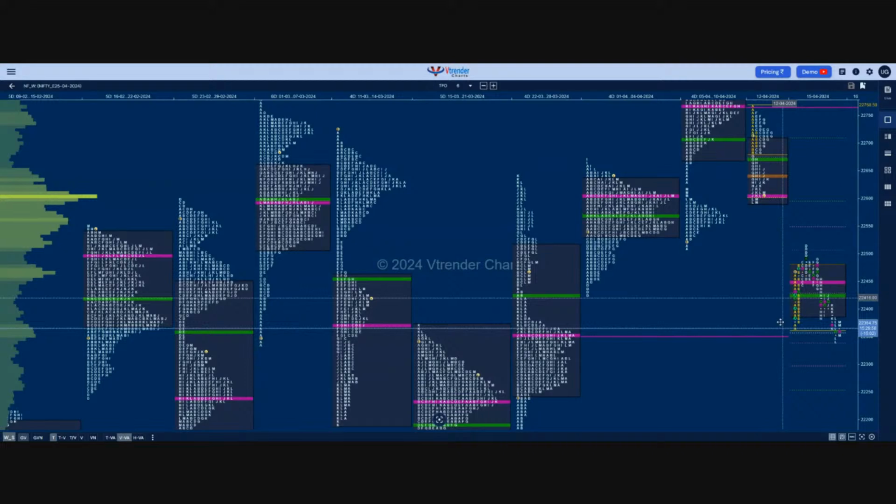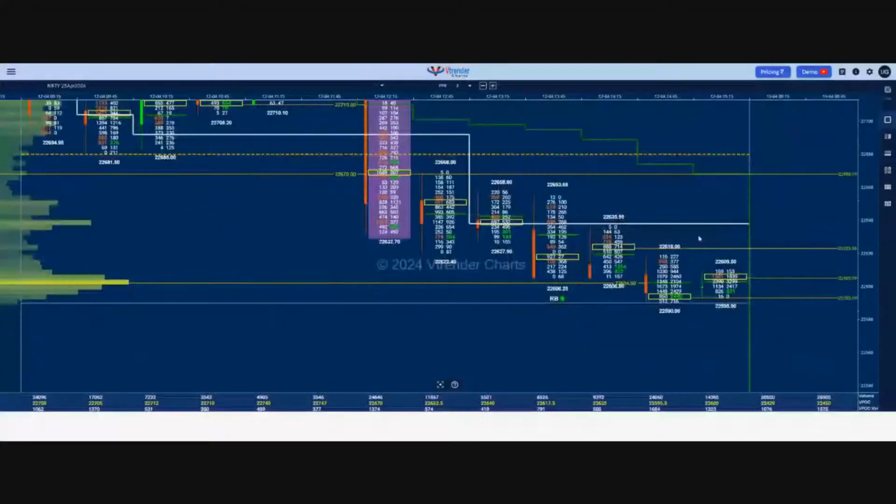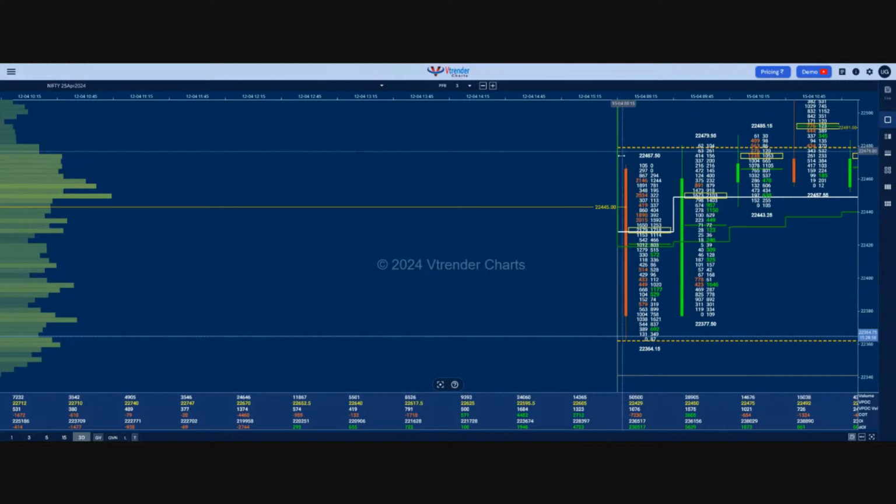So if you see the order flow chart of today, we can see how there was red 2000, 18,000. So that is the reason even after open we went on to tag that low of 22364.